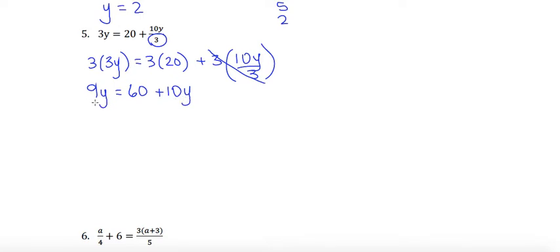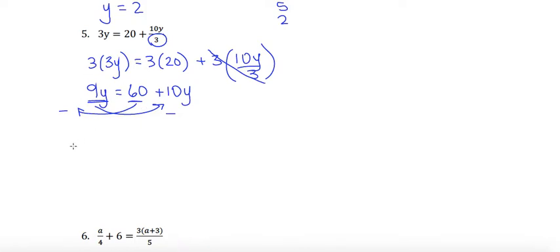So we're going to move our 9y to the right-hand side. Right now it's a positive 9y, so when I bring it over it's a negative. And I'm going to move my 60 to the left-hand side. Right now it's being added to 10y because it's a positive 60, so when I bring it over it's a negative.